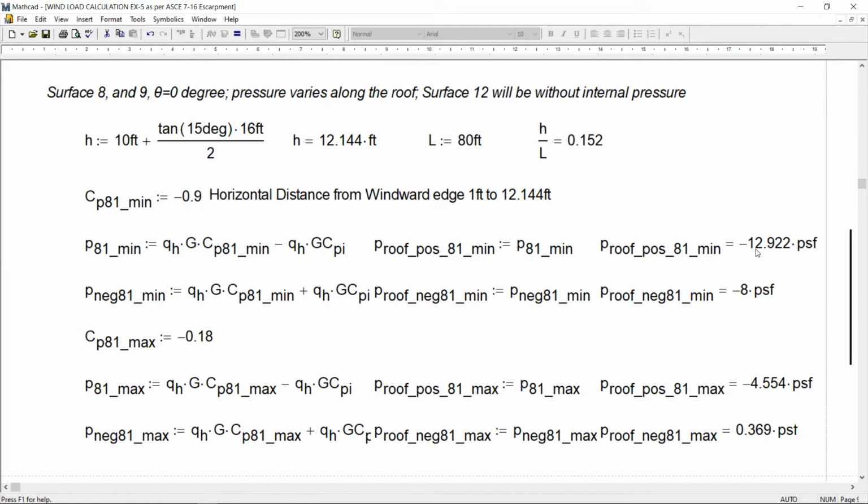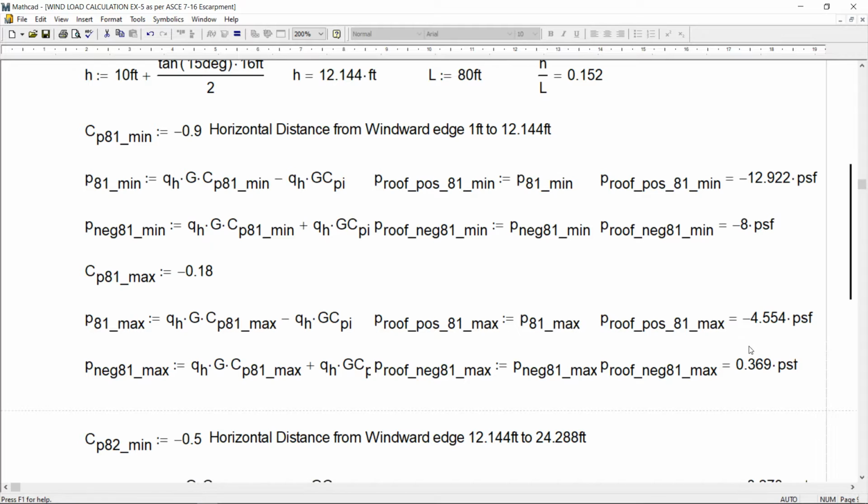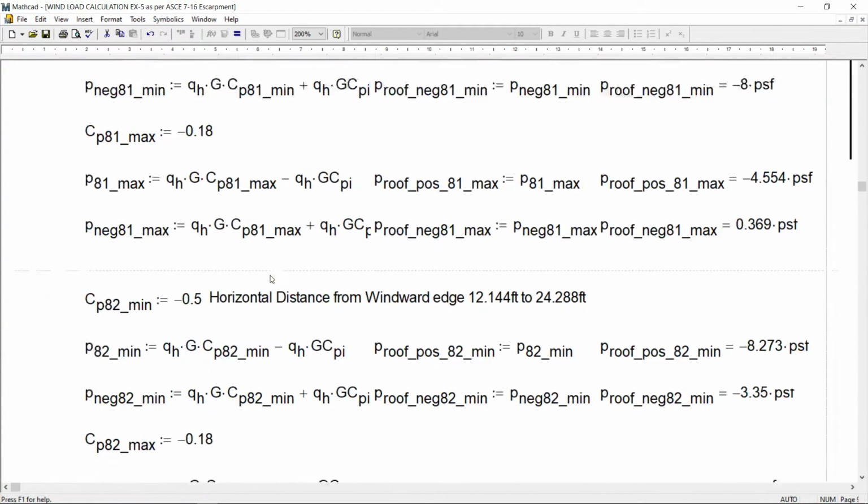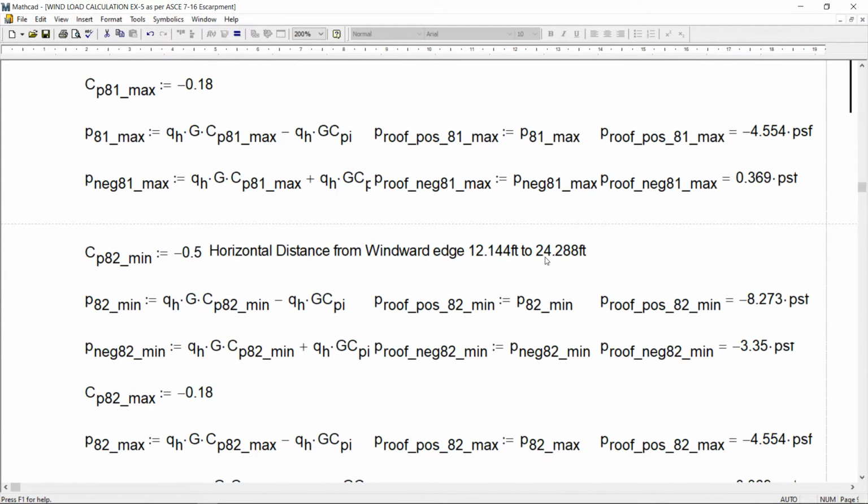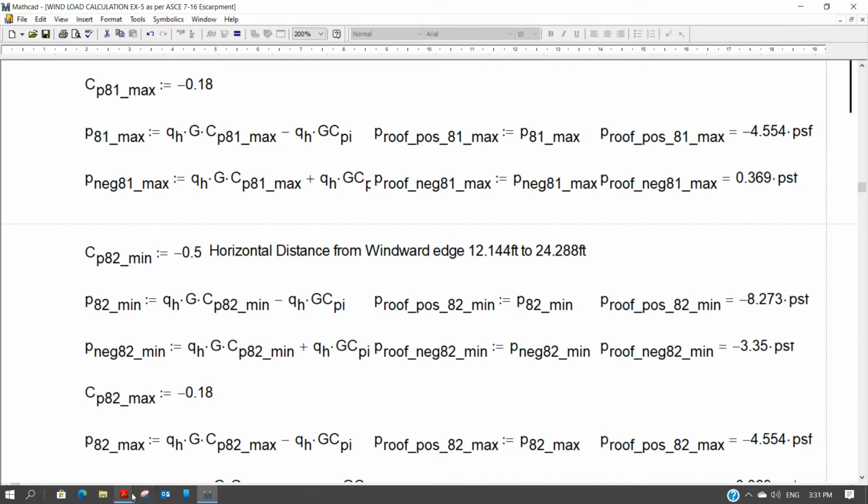The pressure comes out to be 12.9 and minus 8, and for minus 1.18 it comes out to be 4.55 and 0.369. And from h to 2h, the Cp value is 0.5. Let me show you.